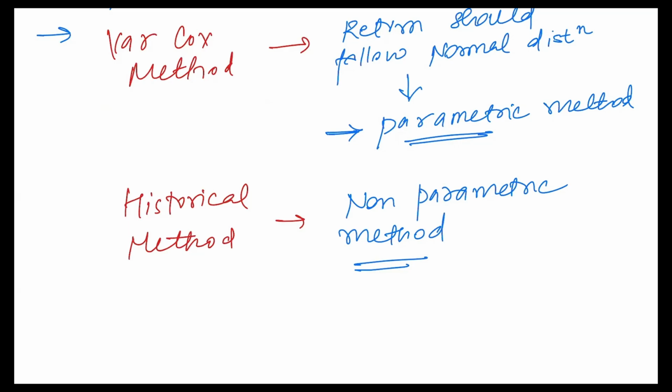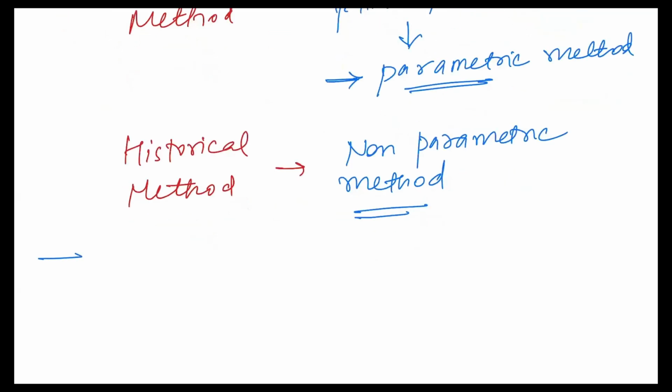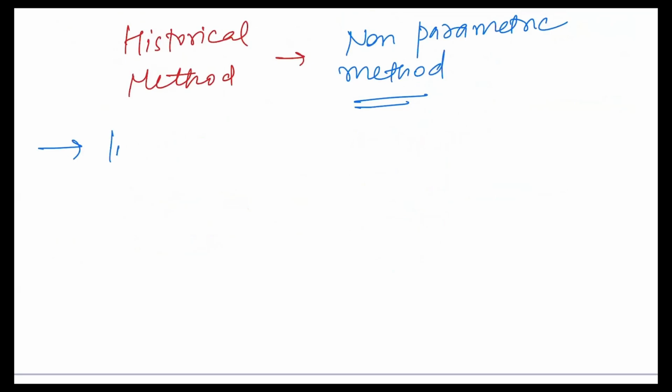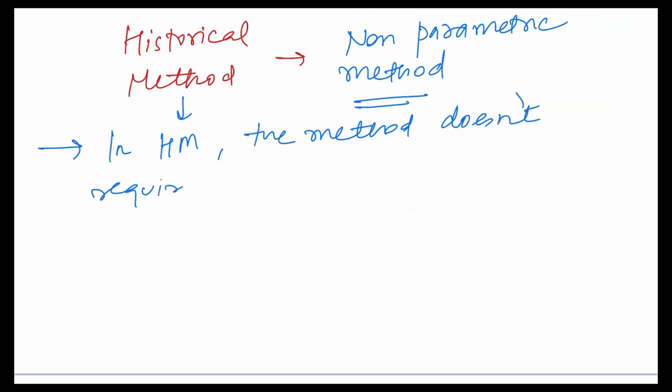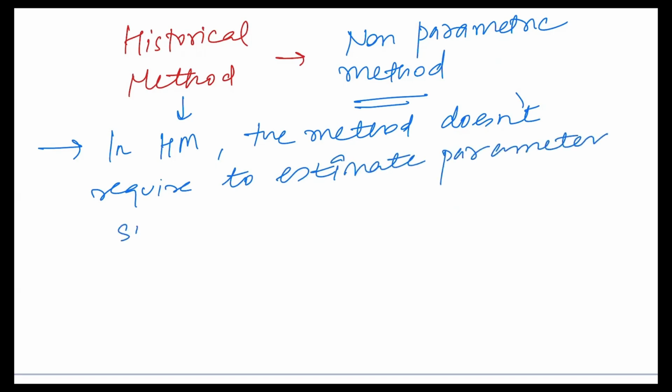So the historical method is basically a non-parametric method, which means that it does not require estimating parameters such as volatility or correlation. Let me represent the historical method by HM. In the historical method, we do not need to estimate parameters such as volatility or correlation.